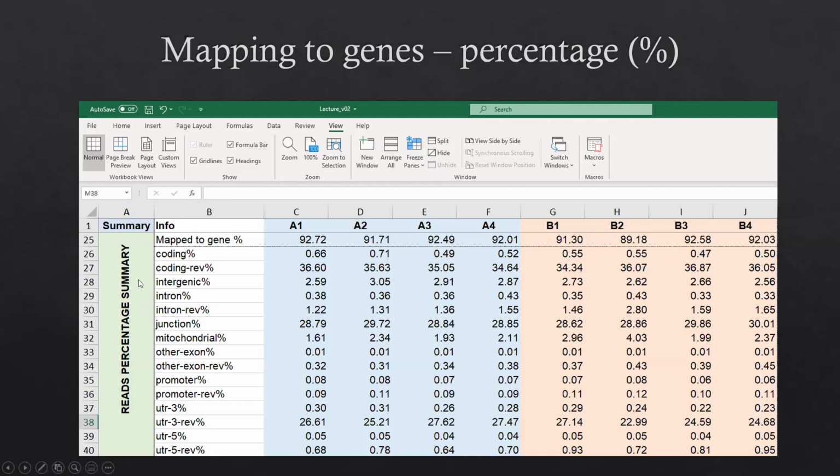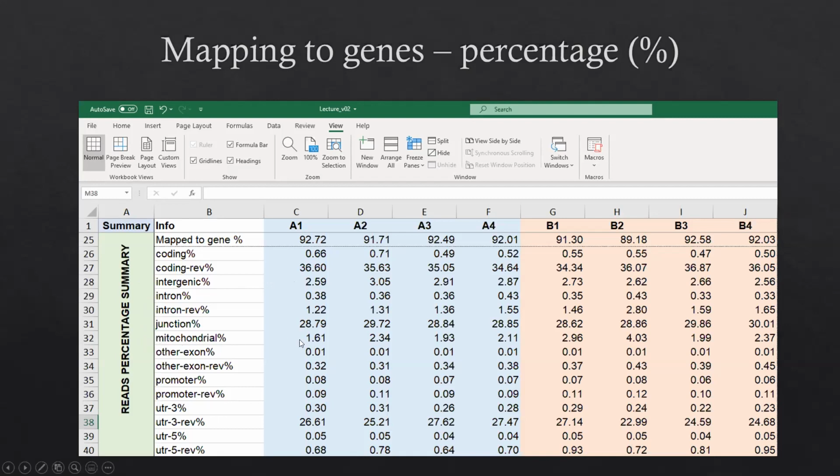And as I mentioned several times, because this is messenger RNA-seq analysis, we don't expect many reads to be located in the intron. If you find that the ratio is pretty high, then you have to go back and check the sample quality. There is also an important row, mitochondrial percentage.